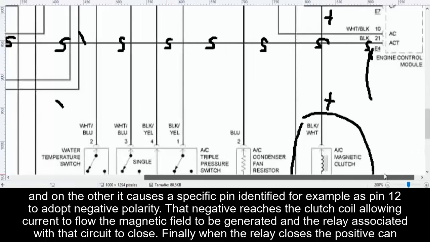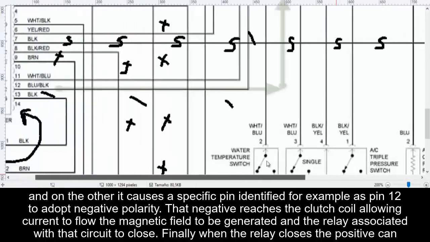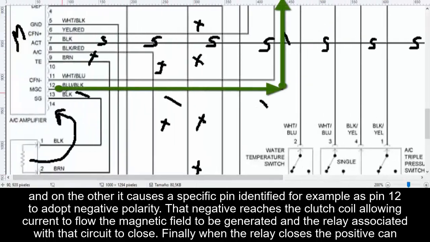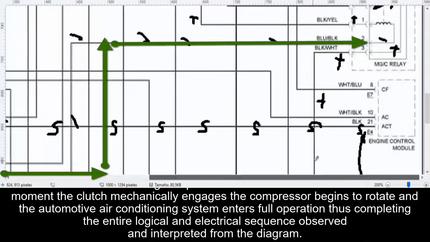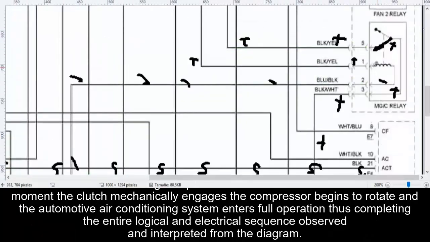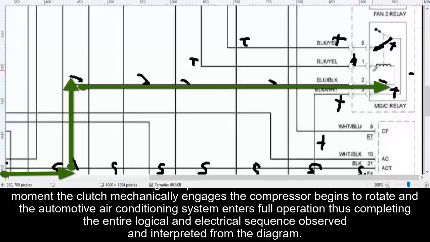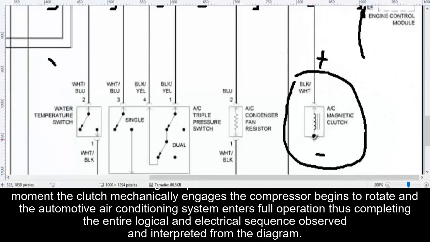Finally, when the relay closes, the positive can reach the air conditioning compressor clutch without restrictions. At that moment, the clutch mechanically engages, the compressor begins to rotate, and the automotive air conditioning system enters full operation, thus completing the entire logical and electrical sequence observed and interpreted from the diagram.